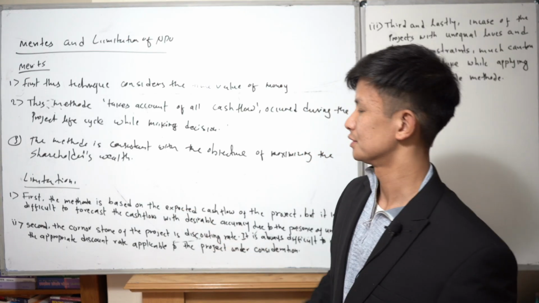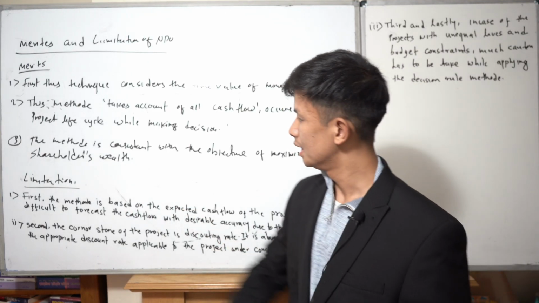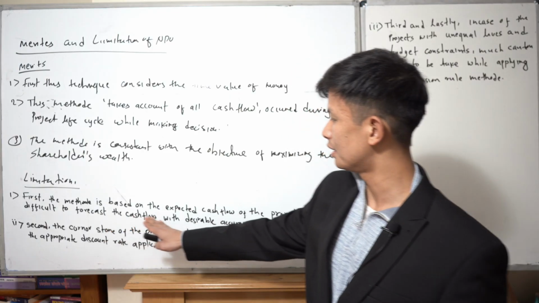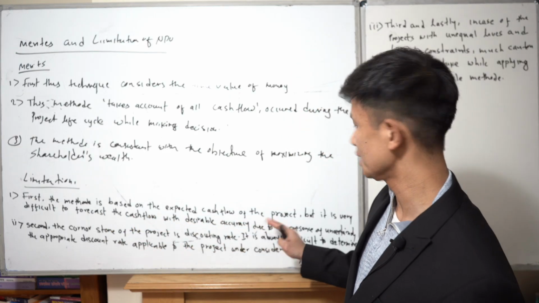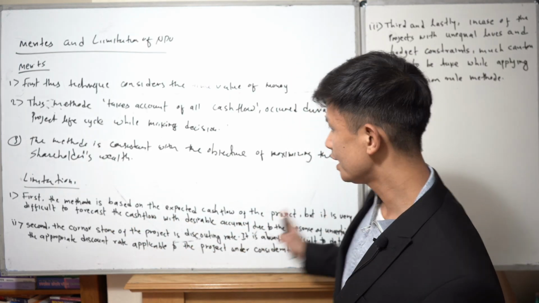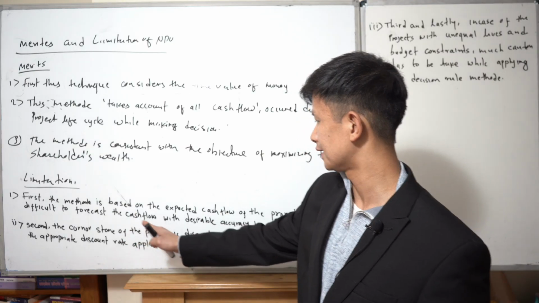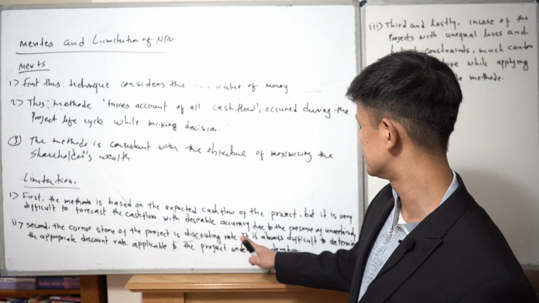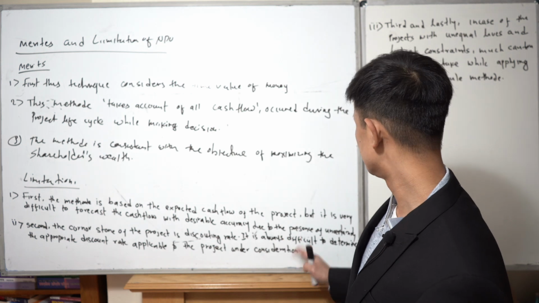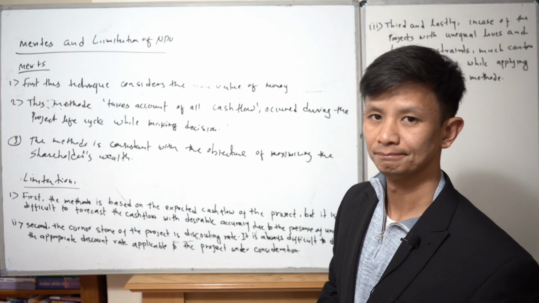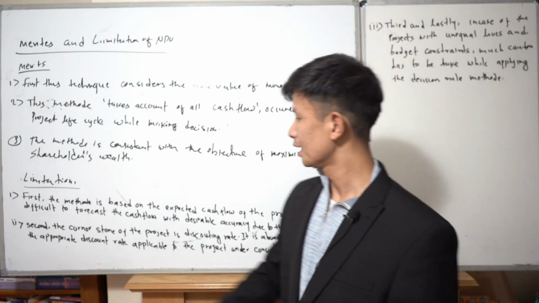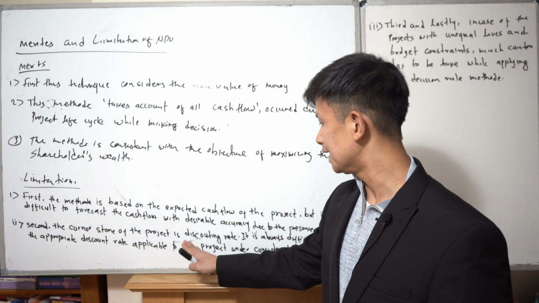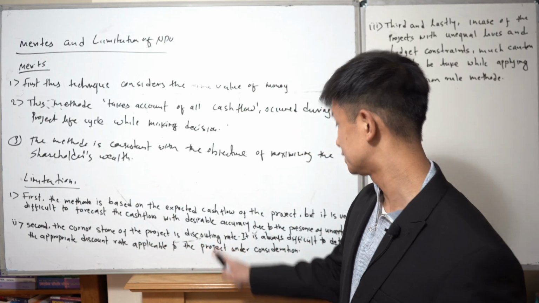What are the limitations? First, the method is based on the expected cash flow of the project, but it is very difficult to forecast the cash flow with desirable accuracy due to the presence of uncertainty. Secondly, the cornerstone of the project is the discount factor or discount rate.